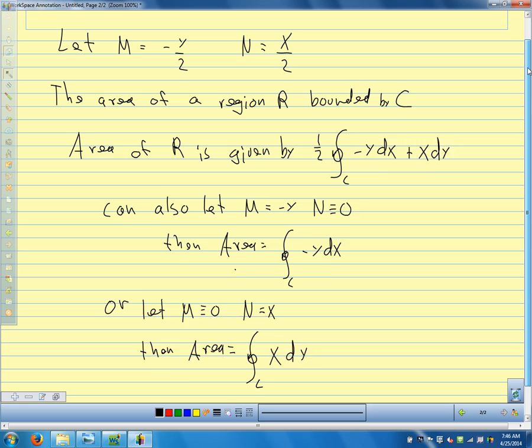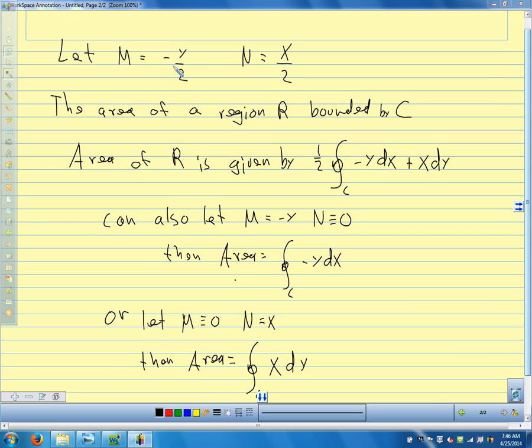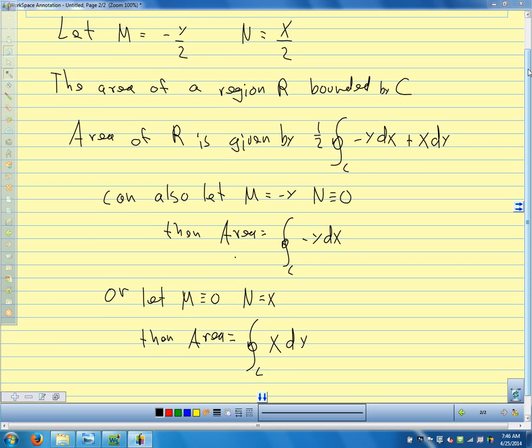Same thing with this. If we let M equal negative y over 2 and N equal x over 2, then Green's theorem tells us this line integral gives us the double integral of dA, which is the area of the region. So we can use Green's theorem to find the area of a region by evaluating a line integral.